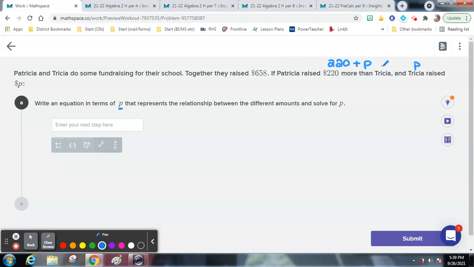So 220 more than P, if we're saying Trisha is P. So the equation is going to be 658, that's their total, equals the two of those together. And I have 2P here because I have 1P and a second P. We're adding those two values together.